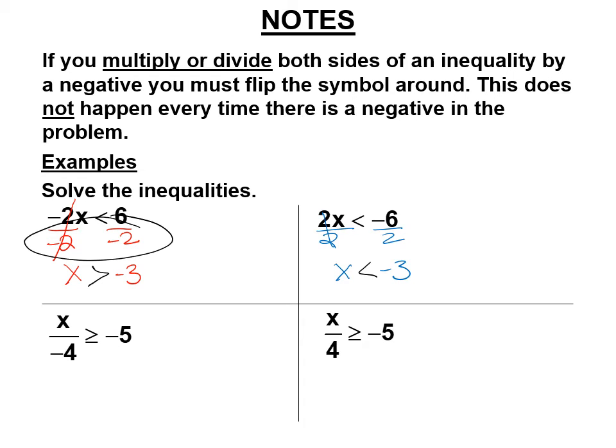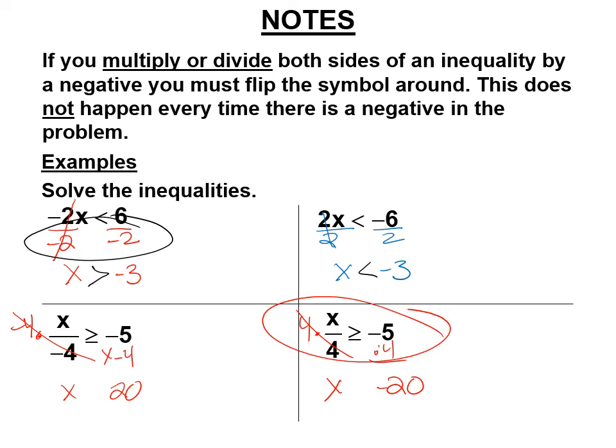So let's practice. One of those you flip the symbol, one you don't. The one on the left here, I'm multiplying both sides by negative 4. So the negative 4 is crossed out. X divided by negative 4 times negative 4 is x. Negative 4 times negative 5 is positive 20. Over here, I'm multiplying both sides by positive 4, and you get negative 20.